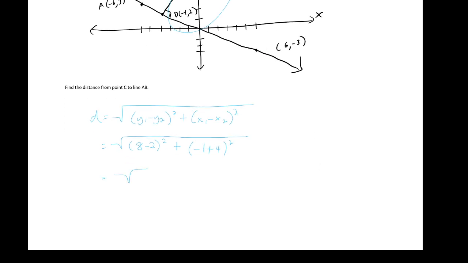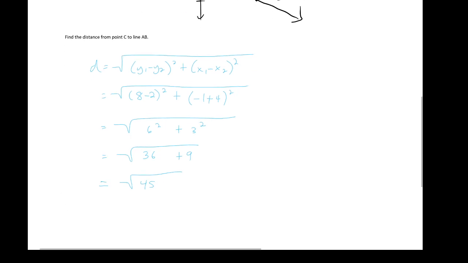So we're going to get the square root of 6 squared plus 3 squared, right? Because negative 1 plus 4 is going to be 3. And 6 squared is 36. 3 squared is 9. So the sum of those is going to be radical 45.